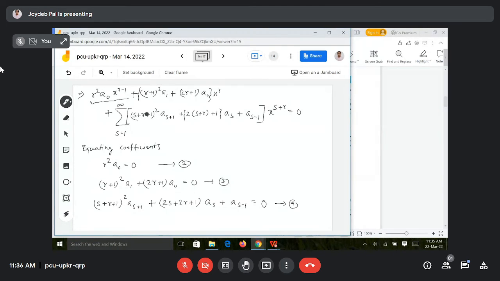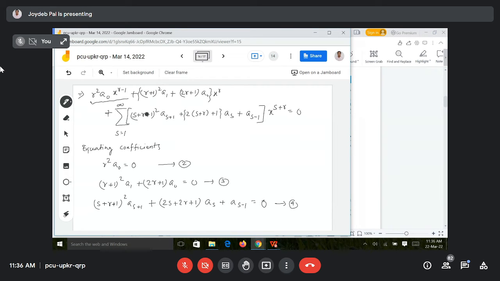Then it is a1 plus a naught. Tell me any doubt? No, sir. Okay, now put r is equal to 0 in equation number 4. It will give us the recurrence relation. Equation number 4 is the recurrence relation which contains r. Now if we put the value of r, that is a particular recurrence relation.